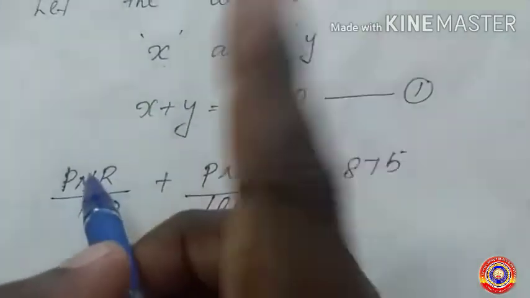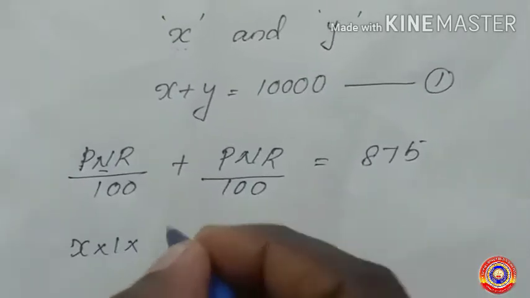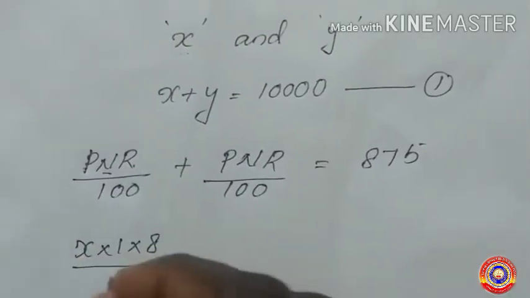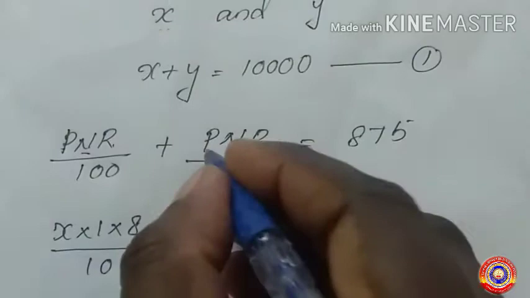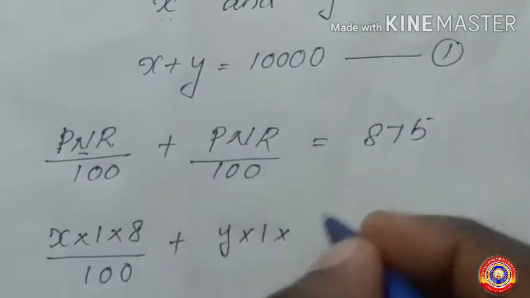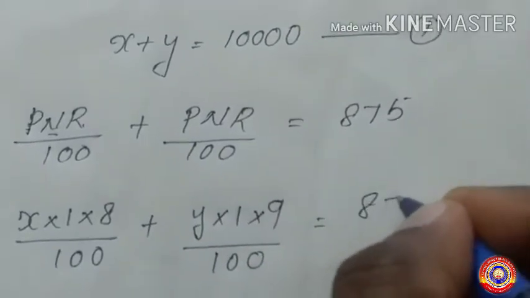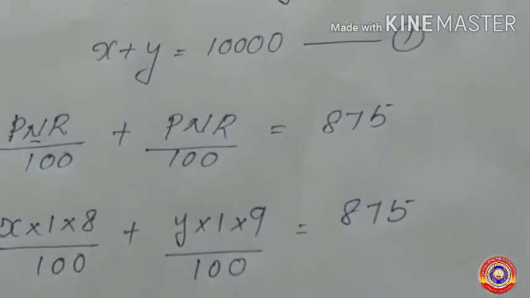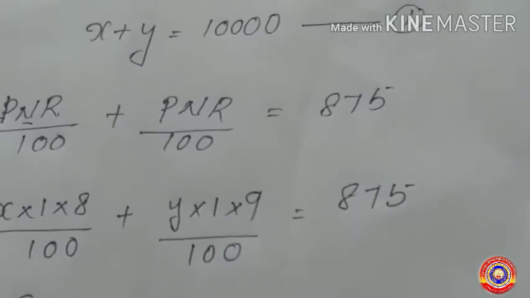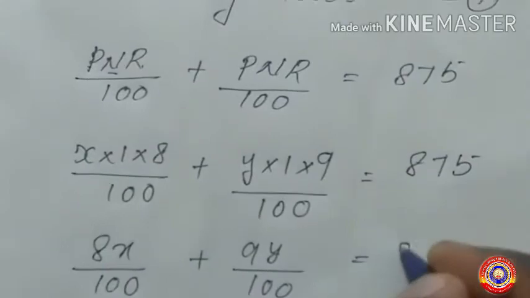Yes, x. Number of years is 1 and rate of interest is 8%, so we can write x into 1 into 8 by 100, plus P. What is P in the second scheme? y. y into 1 into rate of interest 9, that is 9 by 100, equal to 875.